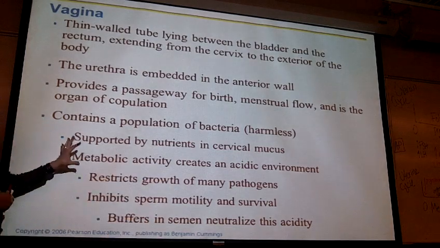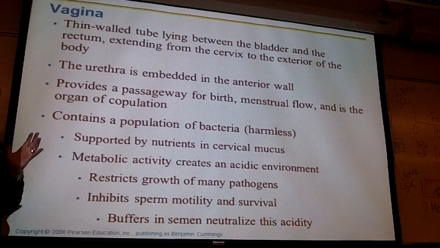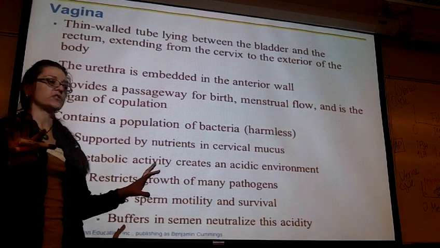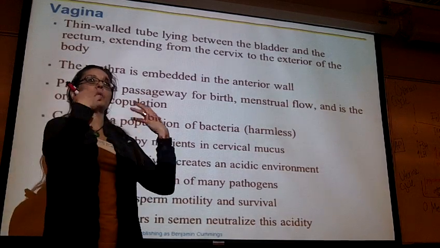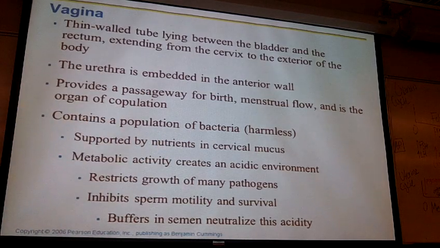So there's lots of things going on to allow the sperm to be more successful around ovulation, and then outside of ovulation, make it harder for the sperm to survive in the female reproductive tract. Again, it's because the female body sees the sperm as a foreign cell, a foreign invader essentially, and so it's going to combat that.